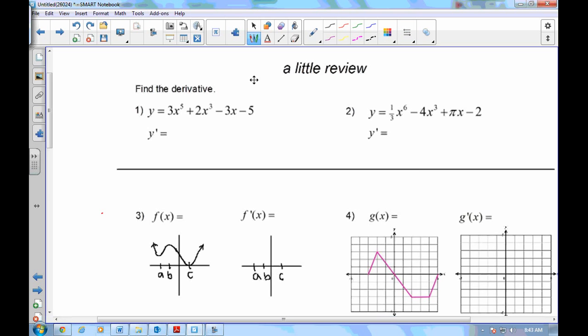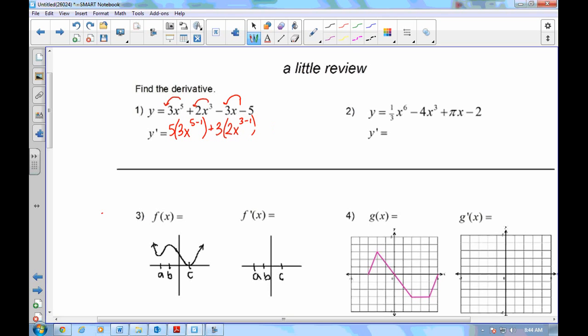So, number one, you bring down that 5. I'm going to show all the steps in between, but you'll eventually get to the point where you don't have to write all these steps. And then we do 5 minus 1, right? Bring that 3 down. Remember, it's being multiplied to the original, except we do 3 minus 1. This is a 1. Does bringing down a 1 really do anything?